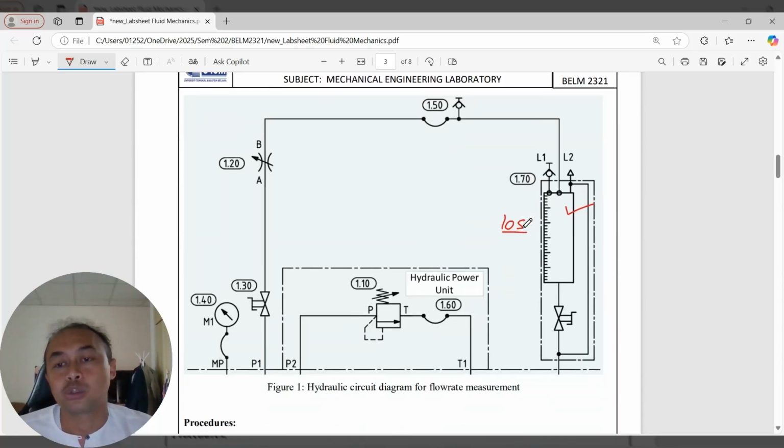Okay. So you have this component, the valve that you open or close to allow the oil to go to the tank, so this is to turn on or off.